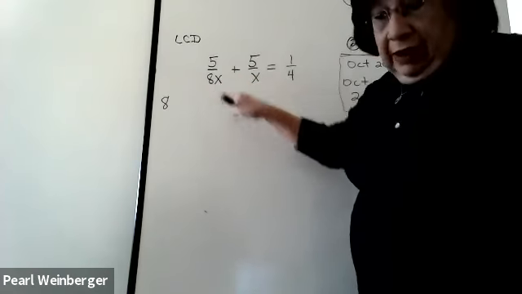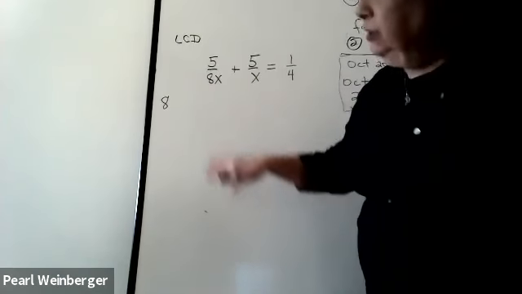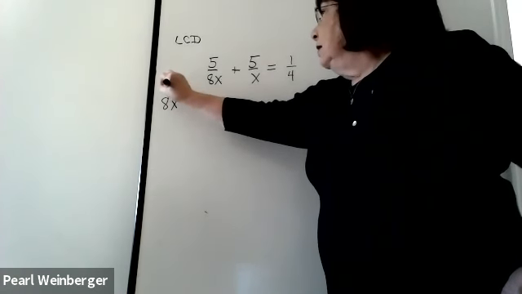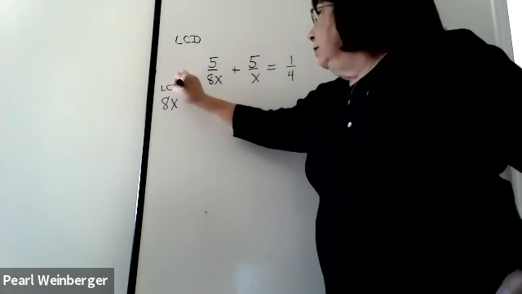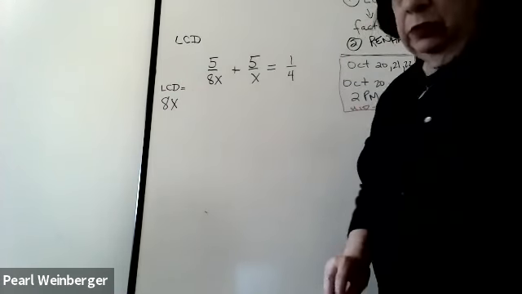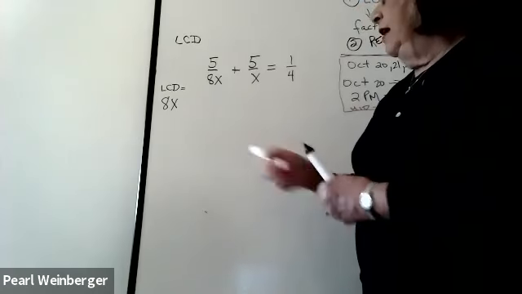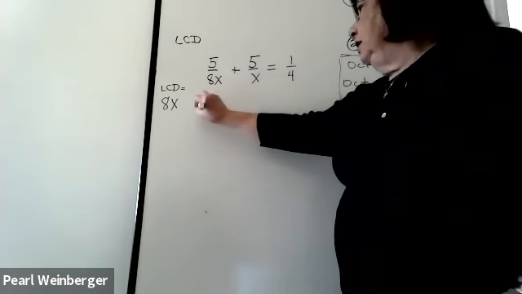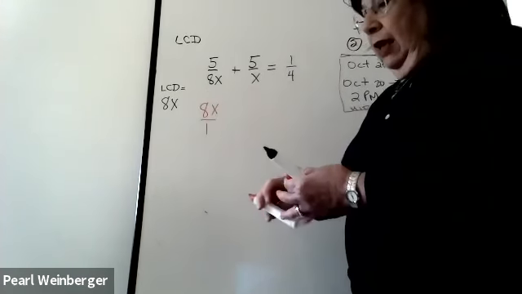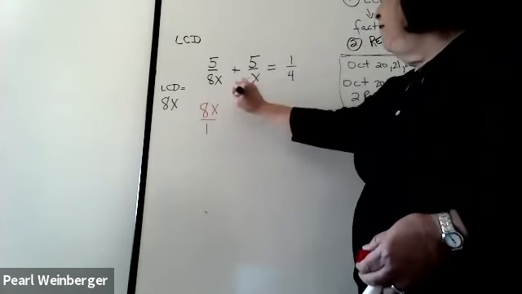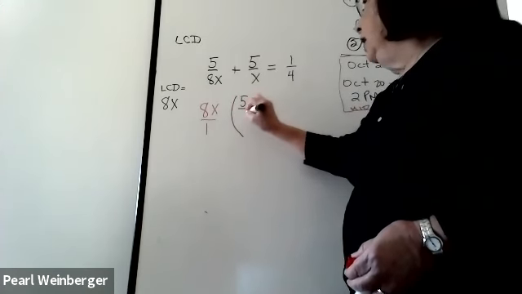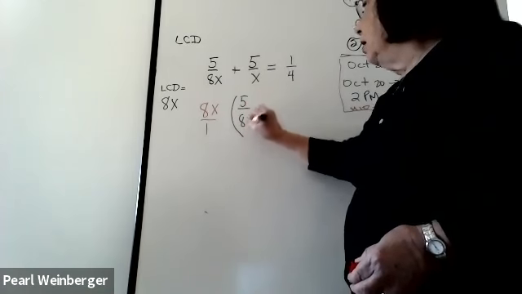And since the highest exponent here happens to be just x, my LCD is equal to 8x. What do we do? We put that LCD, the 8x, over 1, and multiply everything in the equation by that LCD.